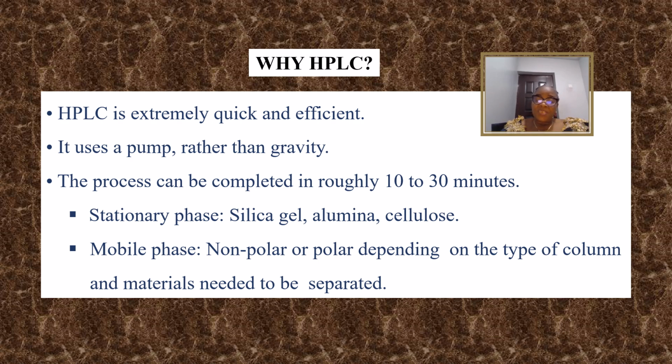The stationary phase can be silica gel, alumina, cellulose, with small particle sizes, large surface area to make for high resolution, and it is usually packed in a column. While the mobile phase can be non-polar or polar depending on the type of column and materials needed to be separated.